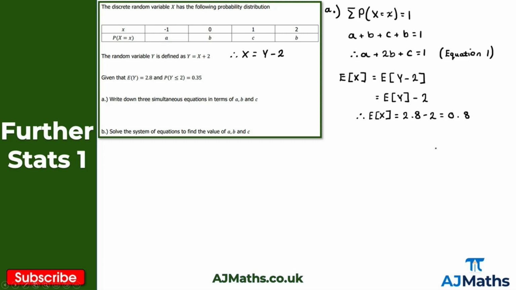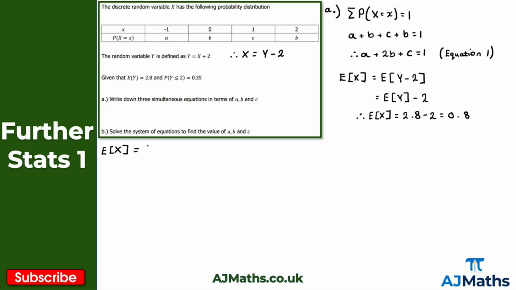Now, obviously, this isn't an equation in terms of a, b, and c, so we don't have equation 2 just yet, but we're nearly there. If I refer back to my probability distribution, we know that we can find the expectation of x by taking the x values and multiplying those by their respective probabilities and summing those up. So for example, the expectation of x would be equal to minus 1 times a plus 0 times b plus 1 times c plus 2 times b.